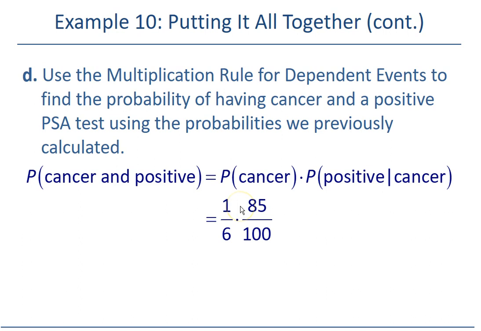So we know from our earlier data that 1 in 6 men will have prostate cancer, and that have positive results would be 85 out of 100, which gives this fraction, just multiplying through, since you're using your calculator, and it gives you this decimal. So just under 15%.